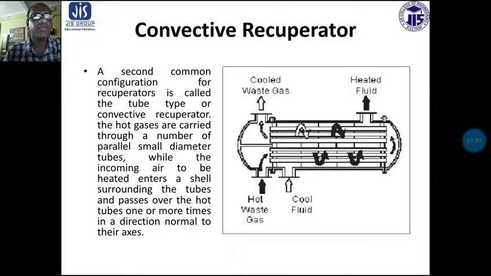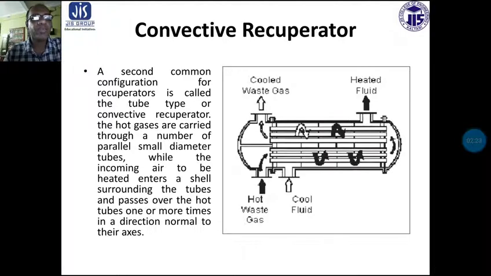If the tubes are baffled to allow the gases to pass over them twice, the heat exchanger is termed a two-pass recuperator. If two baffles are used, a three-pass recuperator, etc.